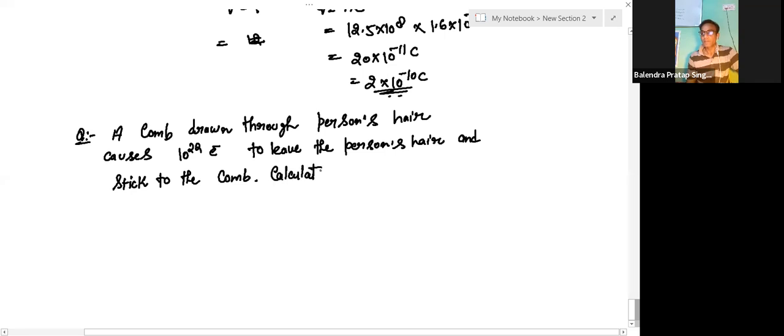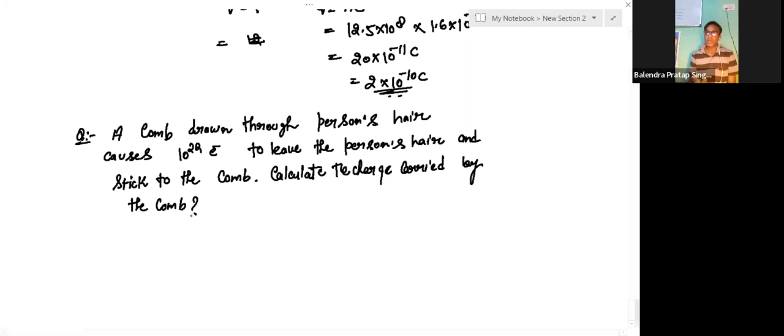Calculate the charge carried by the comb. Okay, so this is the problem. A comb drawn through a person's hair causes 10 raised to the power 22 electrons to leave the person's hair and stick to the comb. Calculate the charge carried by the comb.